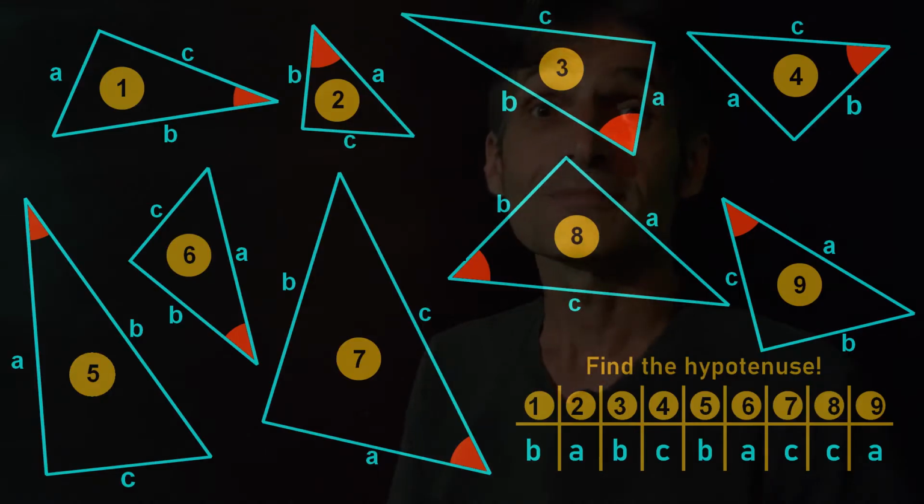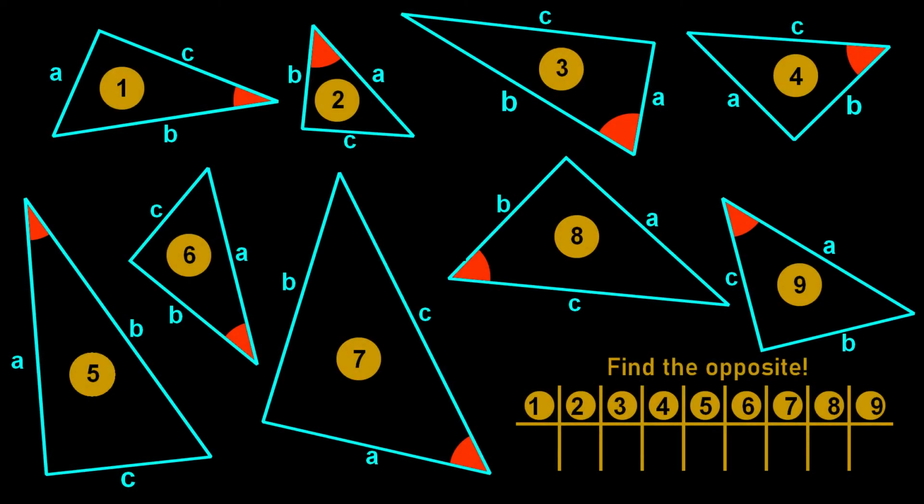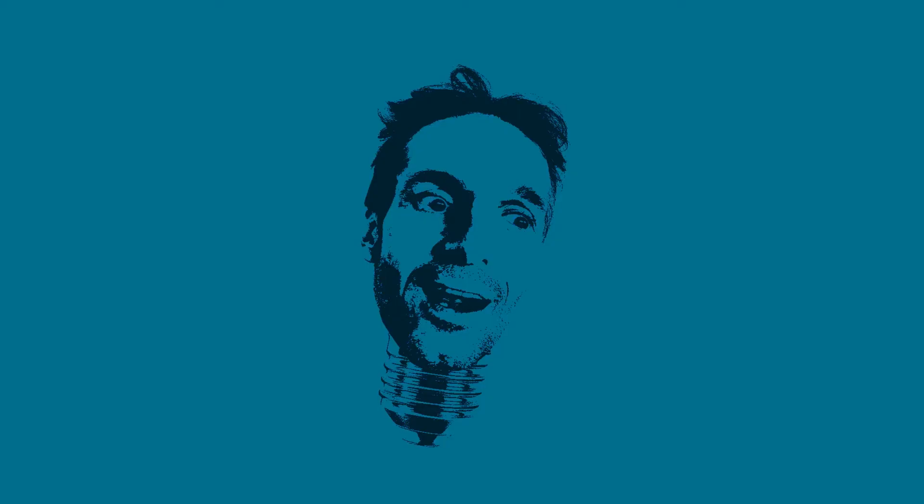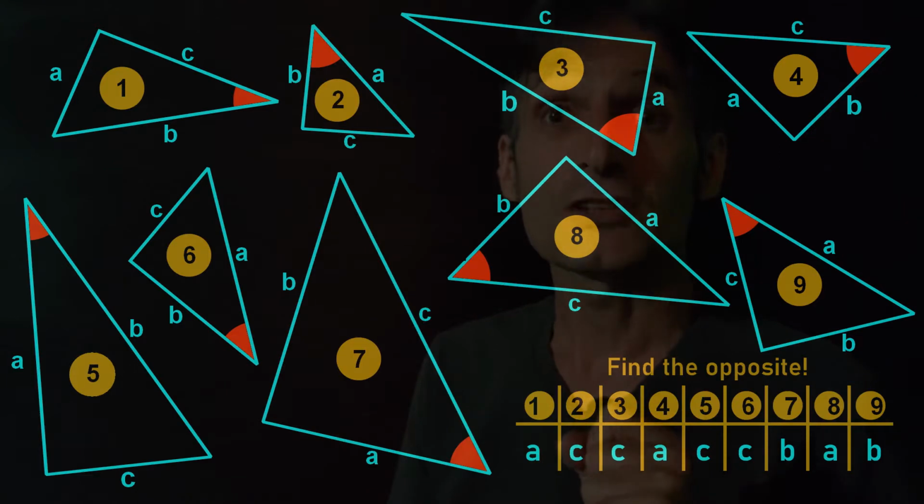Check your answers. And because I'm very mean actually, now you have to find the opposite. Here are the answers. I'd love to give you another task, but triangles have only three sides. Don't miss my video about octagons.